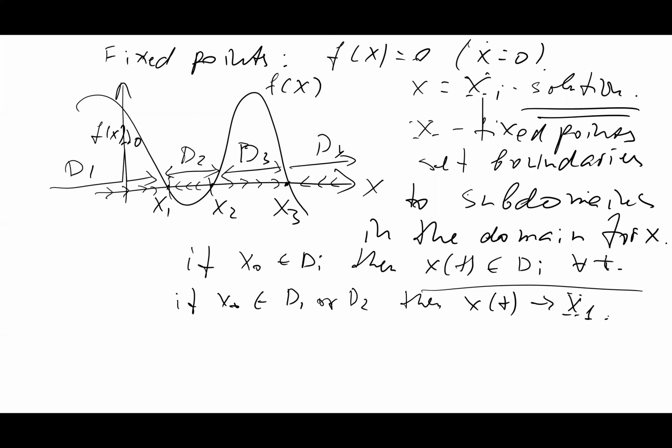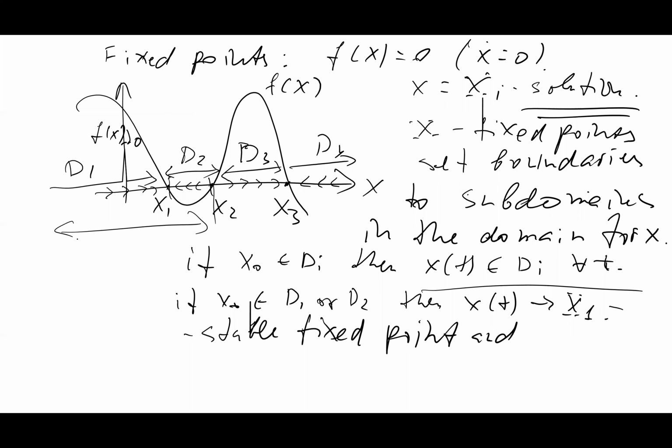So x1 is a stable fixed point. And this D1 and D2, all this area, is the domain of attraction for x1.